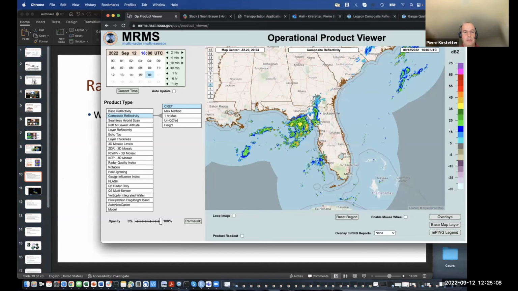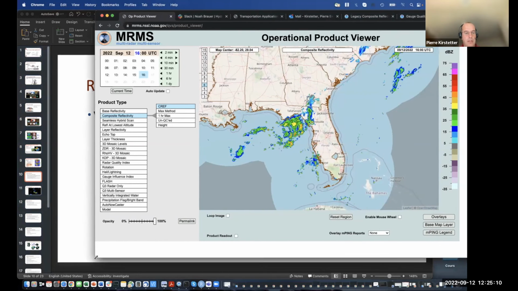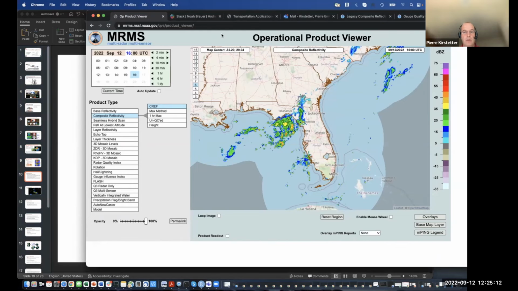So I show here a web page that all of you can go to if you want. You can see the address here. You can type MRMS viewer on Google, and that should be one of the first entries.